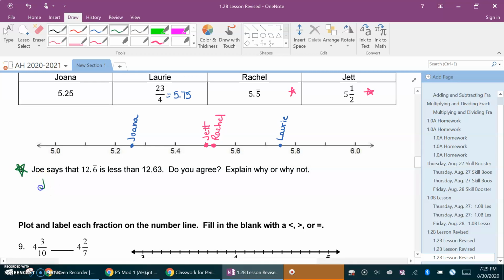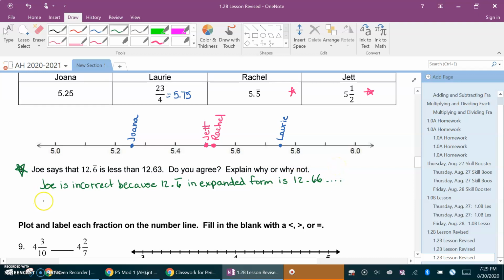Okay, so now that we've had a little bit of time to think about it, Joe is incorrect. And the reason Joe is incorrect is because 12.6 repeating in expanded form is 12.66, and then it's going to keep going on with the sixes forever.